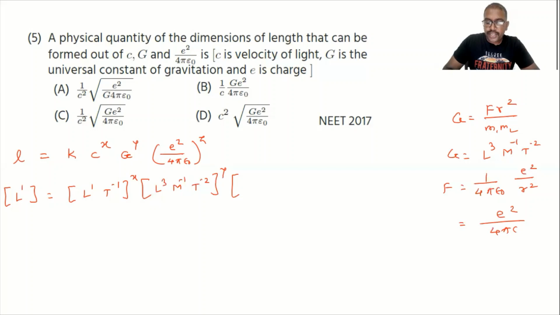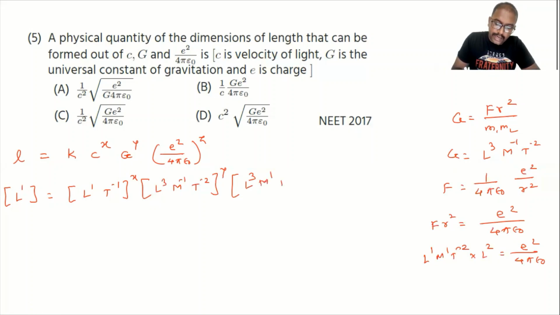So F dimension is L1 M1 T minus 2 and r square is L2. So this is the dimension of e square divided by 4 pi epsilon 0. That I will write here, L3 M1 T minus 2 raised to z. x, y, z we have to find out.